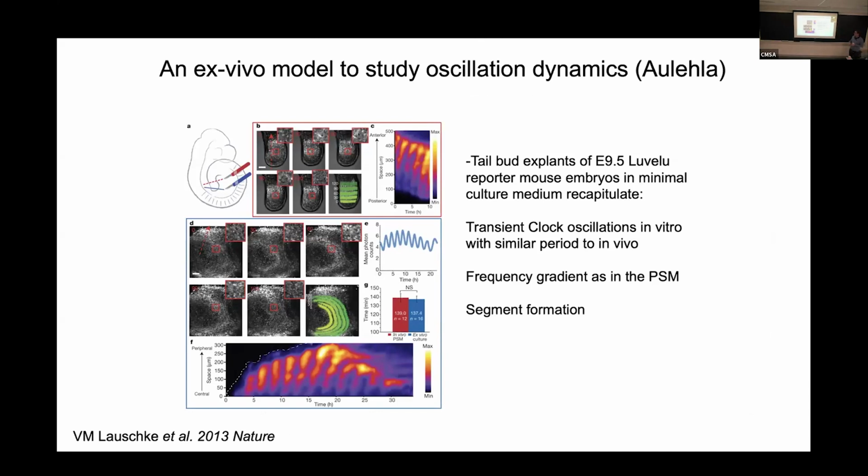most of this early work was done with actual embryos, but then work from Alexander Aulehla in Germany showed that you can actually transpose the system in vitro. So what he did is just to cut tailbuds from these mouse reporters and put them in a dish.